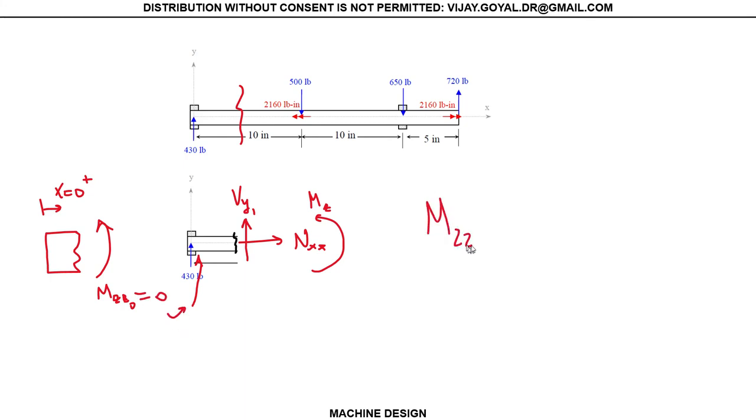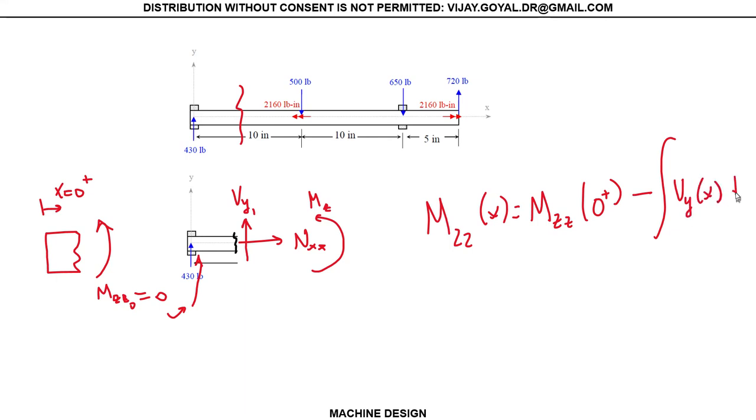So Mzz of x will be Mzz at 0 plus minus, if you recall our equation, the integral of Vy of x dx.